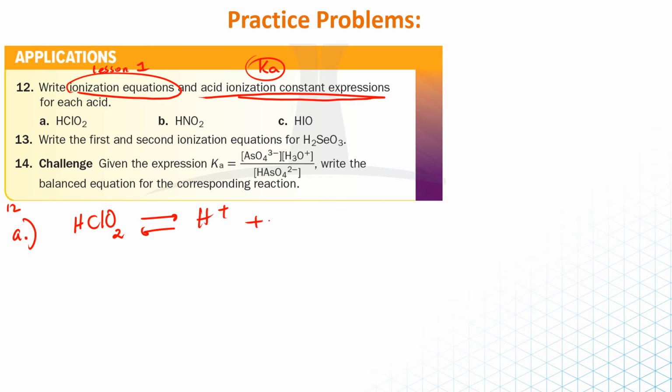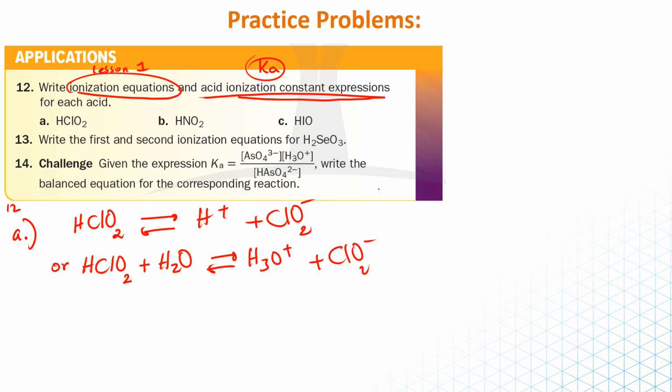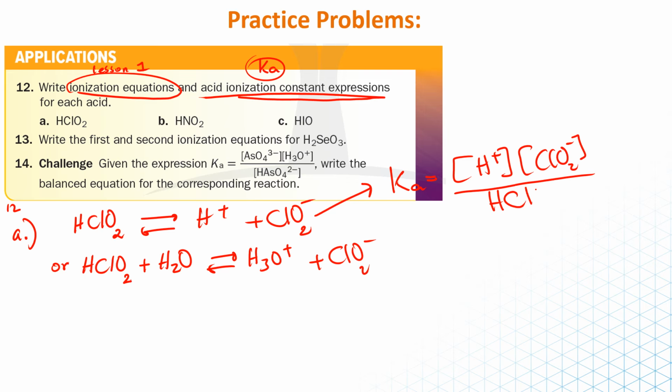H plus ClO2 minus, or you can write it as HClO2 plus H2O gives me H3O plus ClO2 minus. If we use this equation, the Ka will be the concentration of H plus times ClO2 minus over HClO2, right?